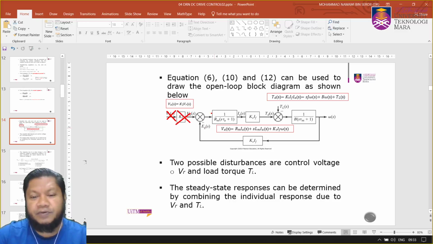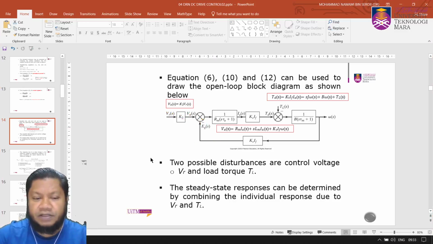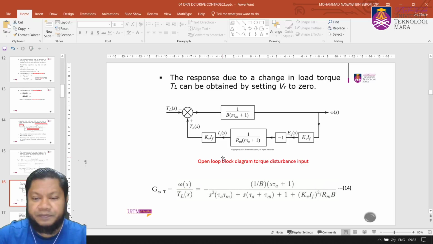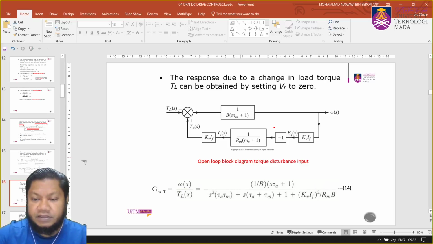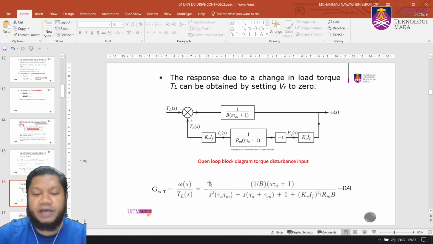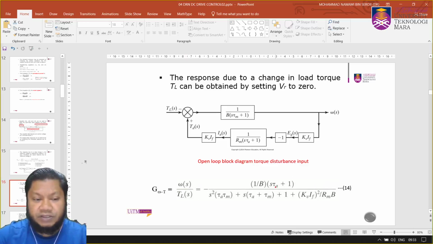Remember this is negative feedback, and therefore if you look at the block diagram here, we have this negative there. We rearrange, there is no VR, so here VR equals to 0. By doing that, we have the transfer function of omega s against TL, the load torque, in terms of Laplace transform, and we define what is the torque. Is that mentioned here?